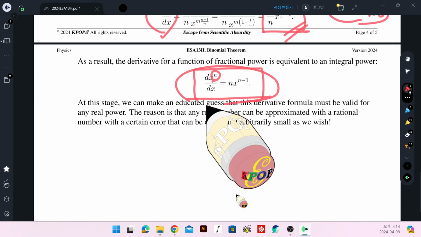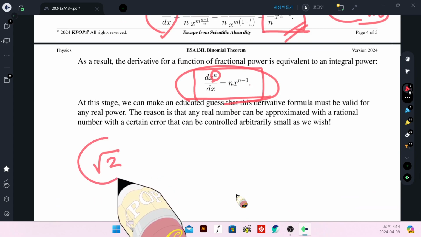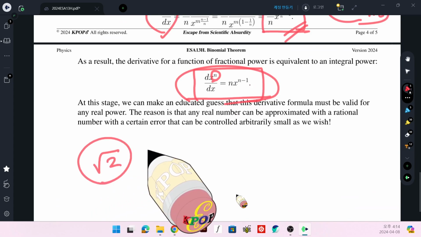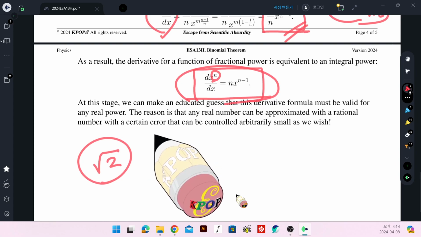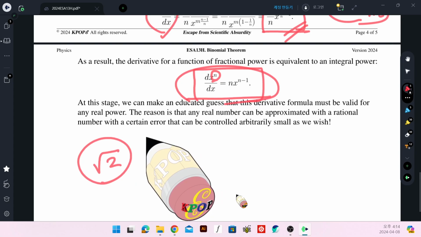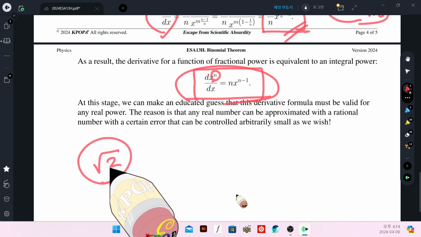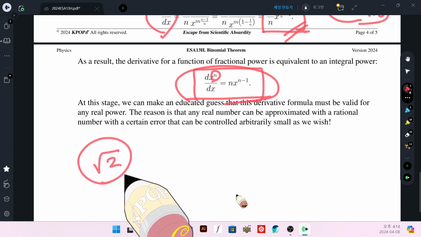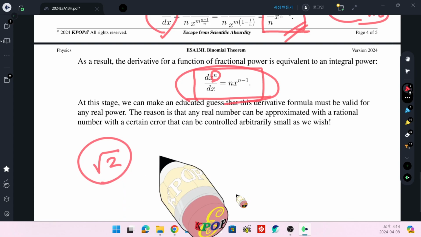But we remember we have computed the square root of 2 with an arbitrarily small error. We can reproduce this square root of 2 that is an irrational number.